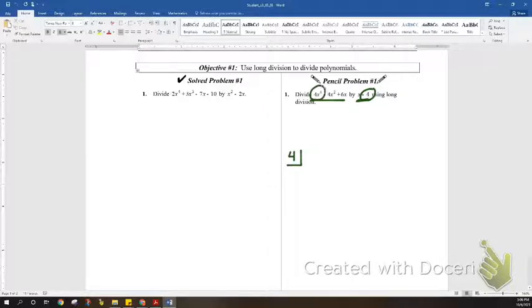We're going to take the coefficient of the first term, which is 4, and then we don't have an x cubed, so we're going to put a 0. Then we have a negative 4x squared, so negative 4. We have a positive 6x, so 6, and then we don't have a constant, so we have to put a 0 there. I'm going to skip a little space here, draw a line, and put a little box there. That little box is my remainder box, okay?